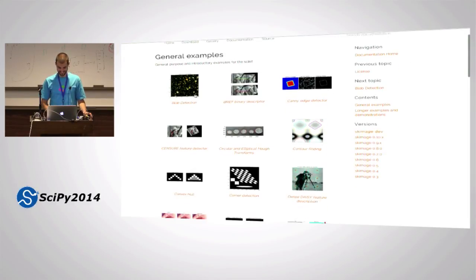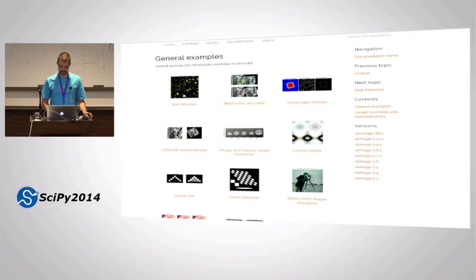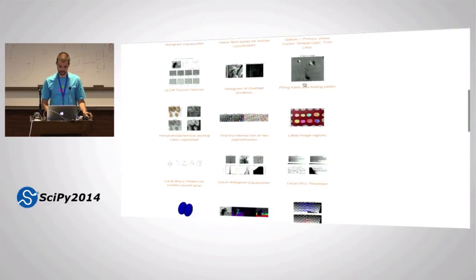The other cool thing is these are generated every time we make changes to the code, so they're very up to date with the latest stuff in scikit-image. Sometimes too up to date, because you'll notice that it went directly to the development version. So we often get messages of like, hey, that's not working. But yeah, here's all of the examples.